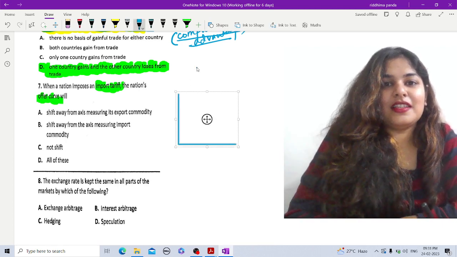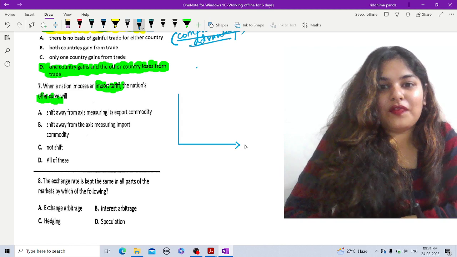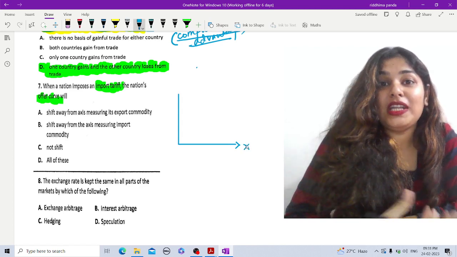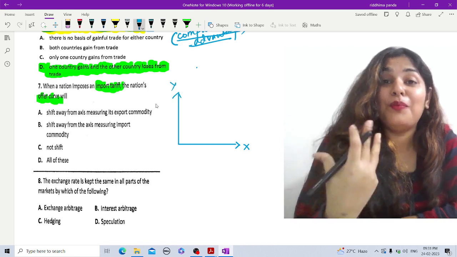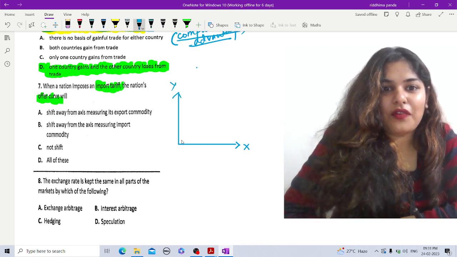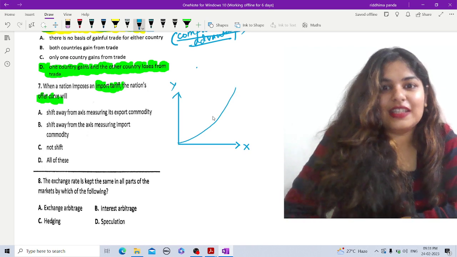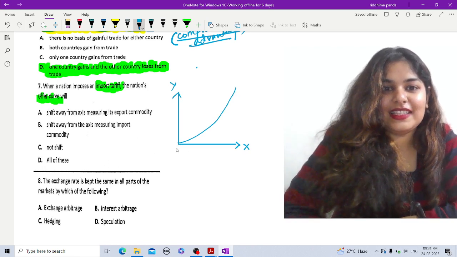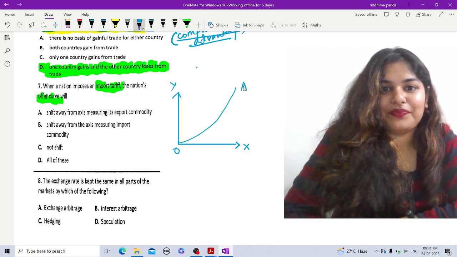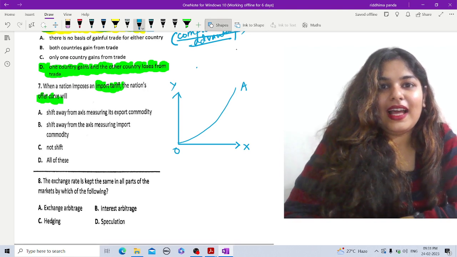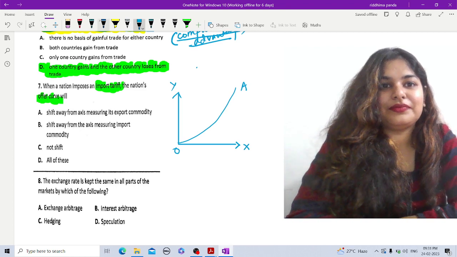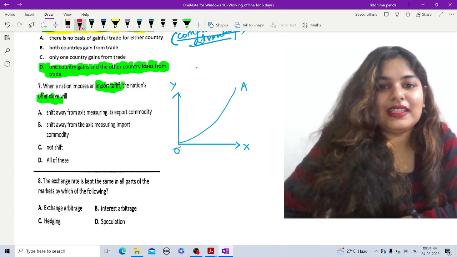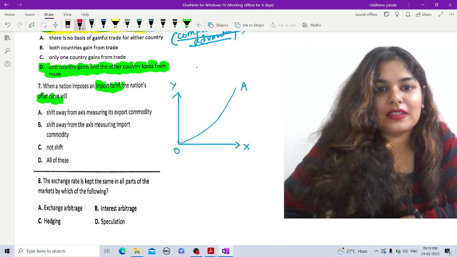So suppose this is the offer curve of nation A, so X is the commodity exported by nation A and Y is the commodity imported by nation A. So the offer curve of nation A is this, right? Let's say this is OA. And we will have our terms of trade, that is the straight line passing through the origin.